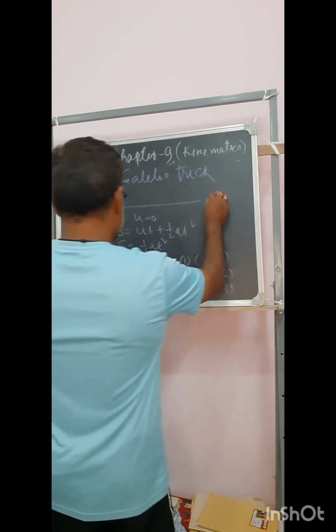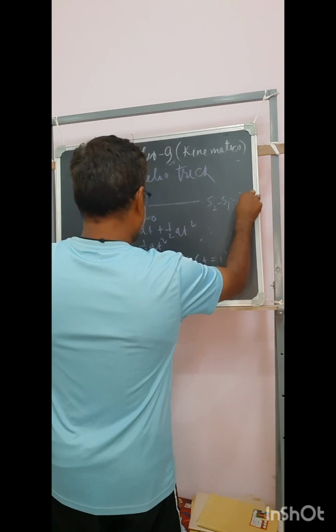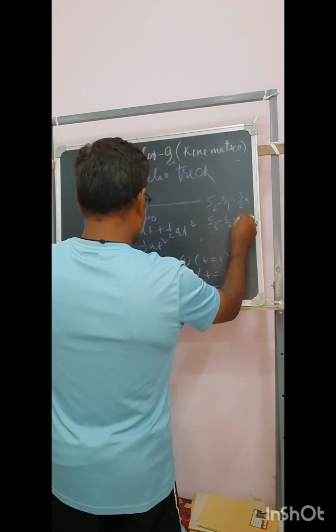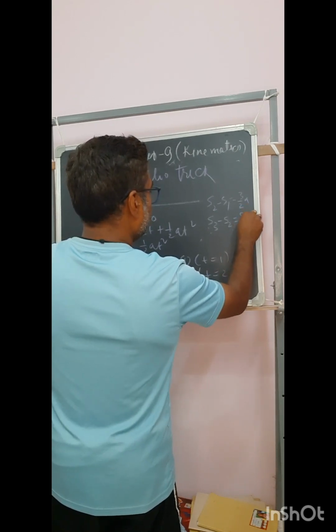Considering the same distance, s2 minus s1 will be 3 by 2 a, and s3 minus s2 will be 9 minus 4, that means 5 by 2 a.